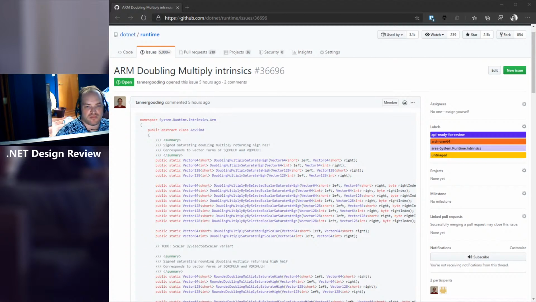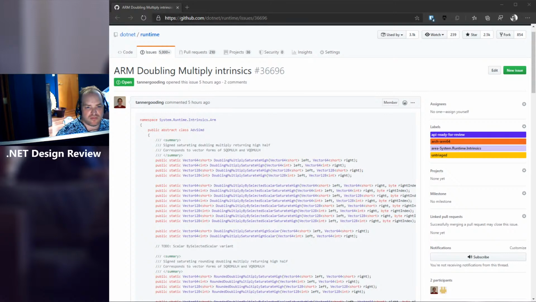I think right after that makes sense. Multiply doubling by select scalar. Saturate. Yeah, saturate. Isn't that what we just did? We just did by selected scalar also. Oh, sorry, I know. So we've got the doubling, multiply doubling by selected rate high.